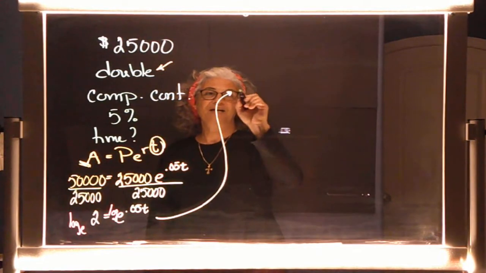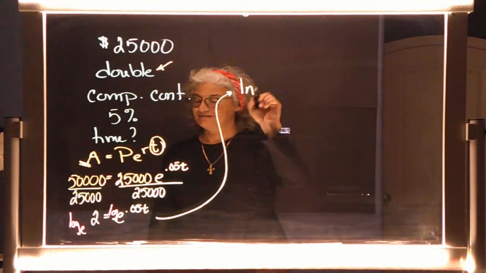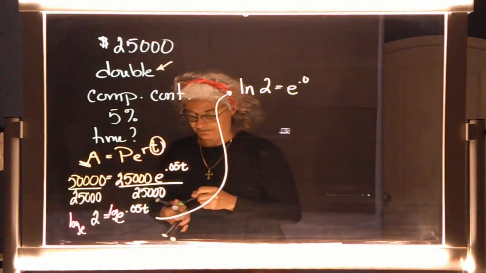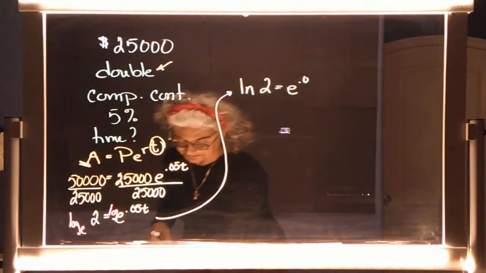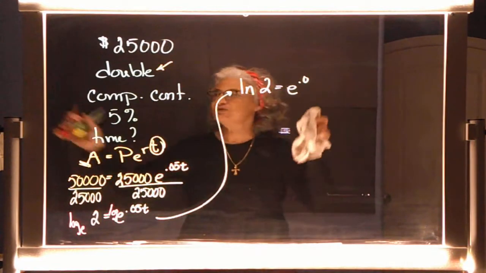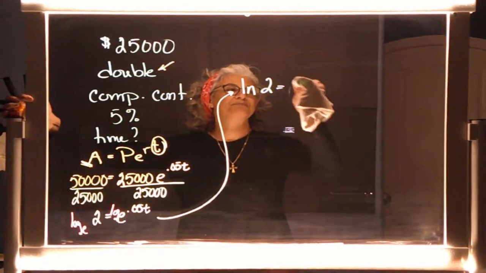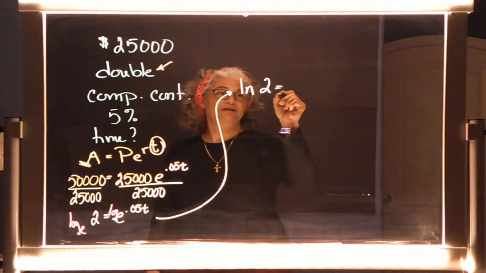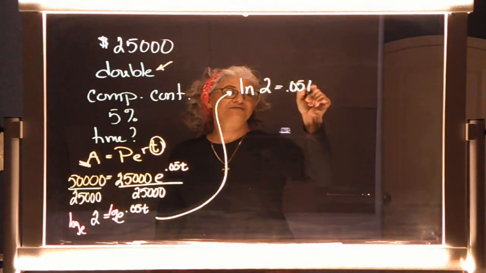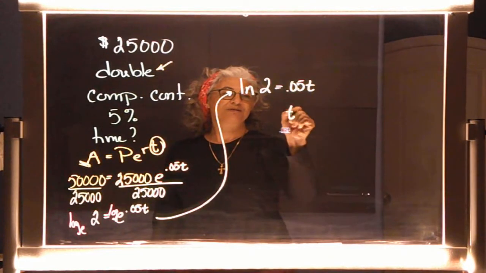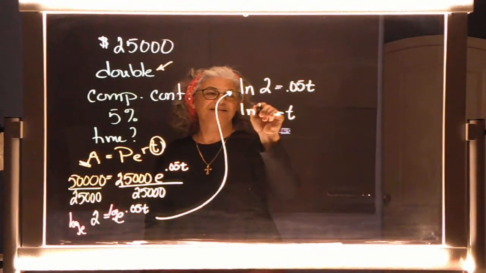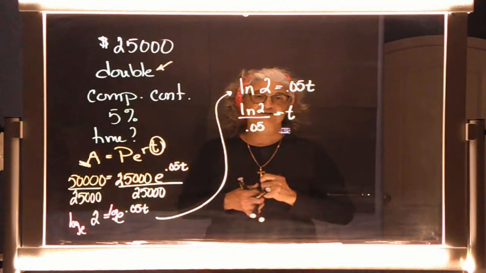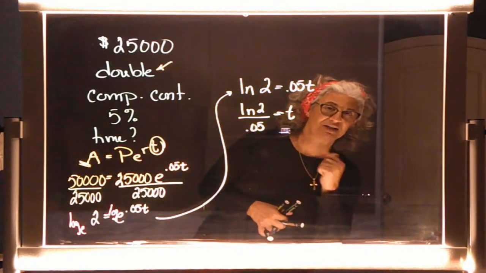So I have the ln of 2 equaling e to the point, whoops, our e's canceled, didn't they? See, this is why I need you guys working the problem with me. Equaling 0.05t, which means to get the time, I'm going to have to take the natural log of 2 and divide it by 0.05. So, you get your calculator, I'll get mine.